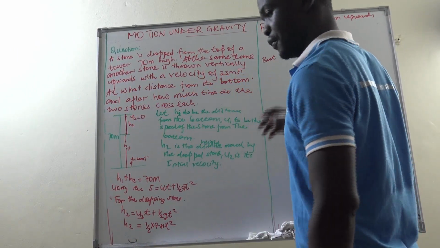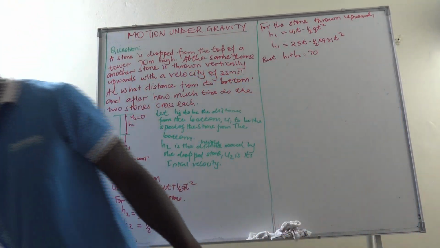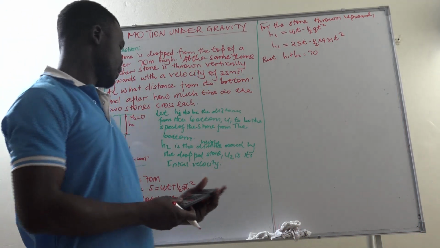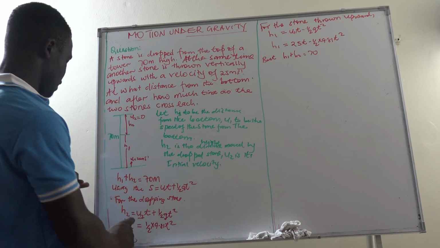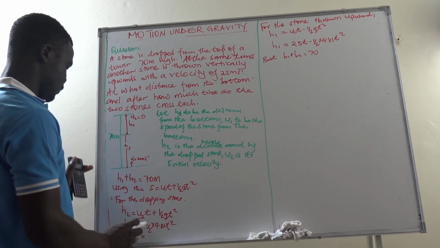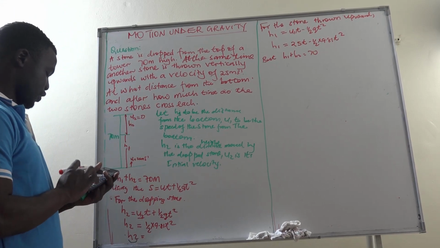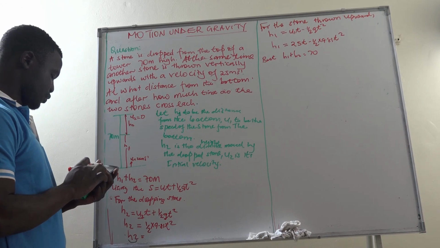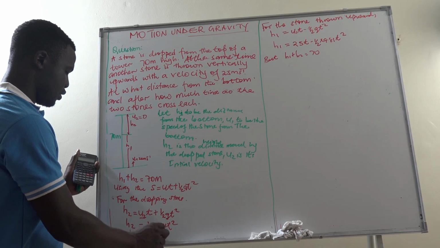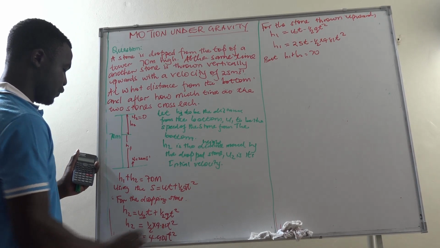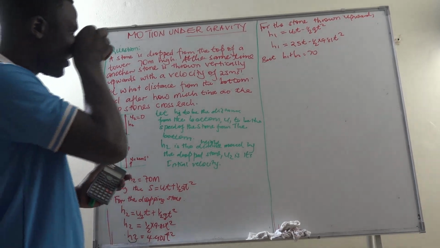Let me get my calculator here. When we compute, 9.81 divided by 2 gives 4.905t squared.